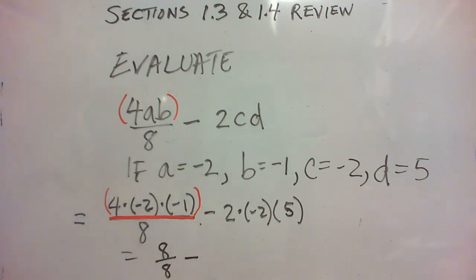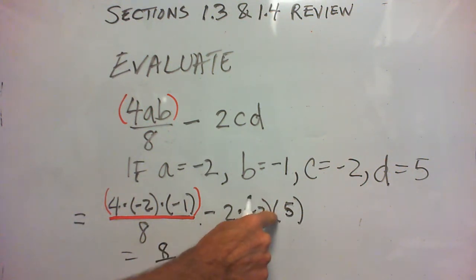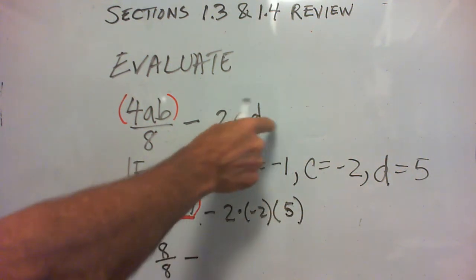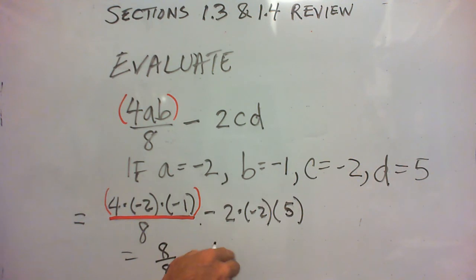Now our next operation would be multiply these numbers, the 2cd. 2 times negative 2 is negative 4, and then we still have to multiply by 5. So I've kind of shortened the process here of the operations, and you can do that once you get fairly good with these. Okay, so now we have a divide, we have a multiply and a subtract.